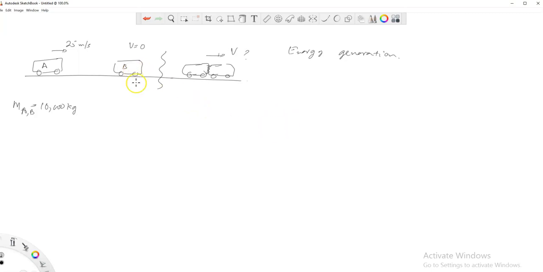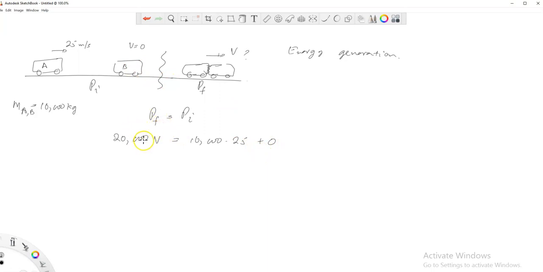So as usual, we say that this is initial, this is final, and we can say P final equals P initial. The combined system, 20,000 kilograms going at V, equals initial 10,000 going at 25 plus 0. The second car didn't have any momentum.